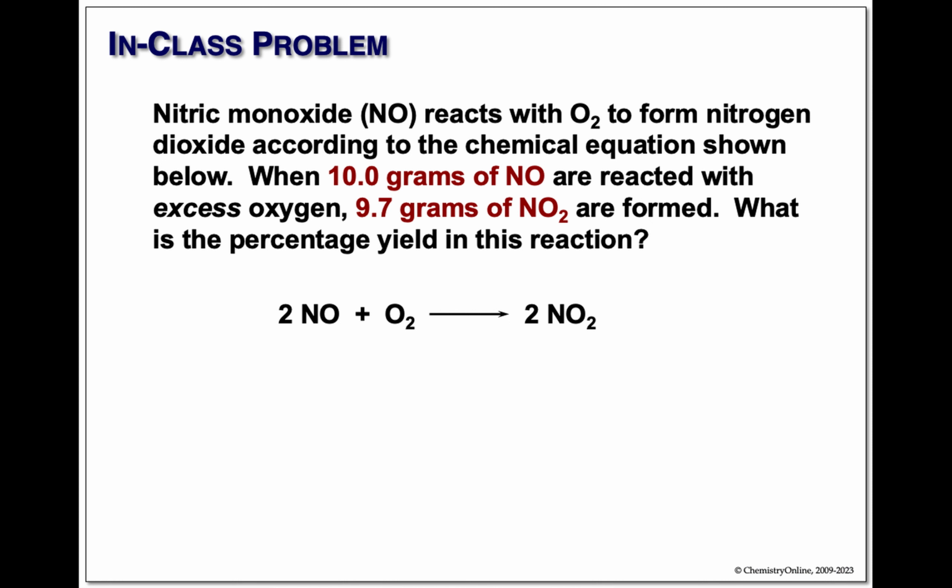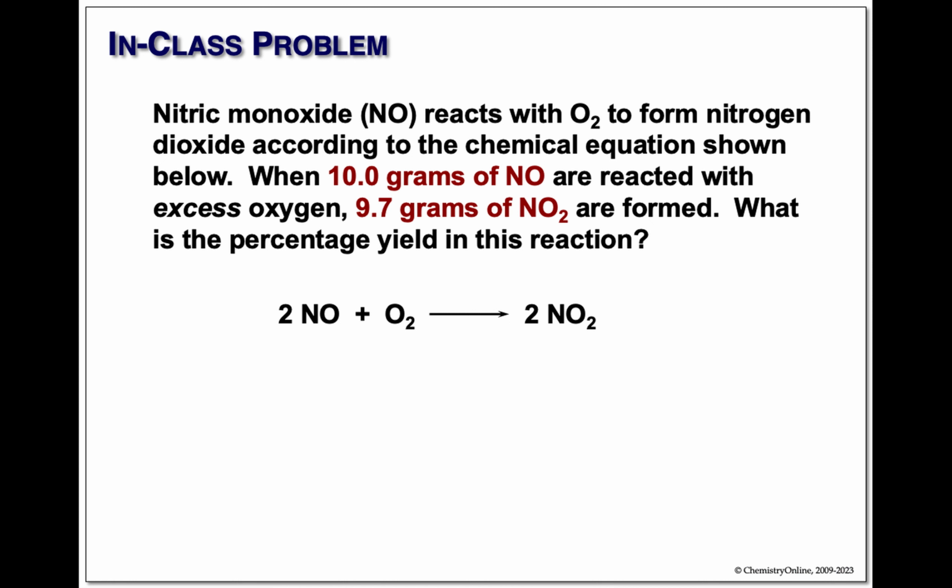Well, what we have to do is figure out our mole ratios here. 1 gives 1, right? So, how many moles is 10 grams of NO? And how many moles is 9.7 grams of NO2? That's your question.